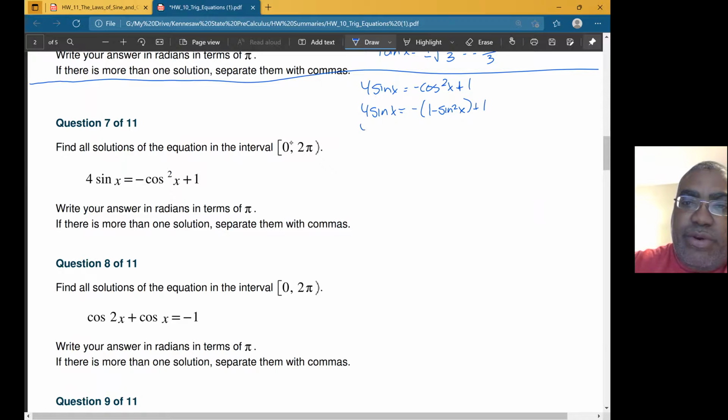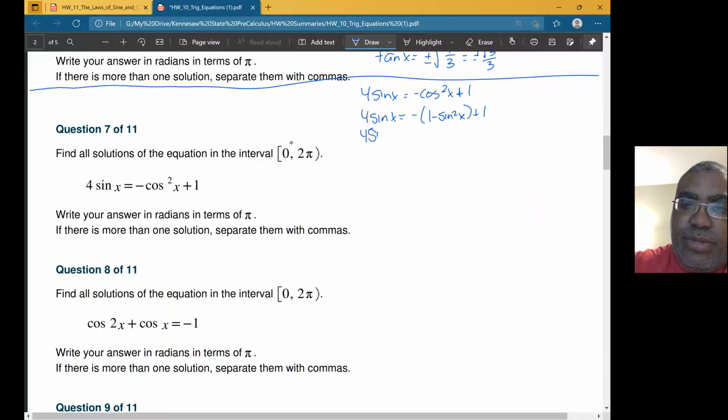Okay, so 4 sine x is equal to negative 1 plus, you have to distribute that, sine squared x minus 1. Cancel, cancel. We're going to subtract 4 sine x from both sides because I like for my first term to be positive.